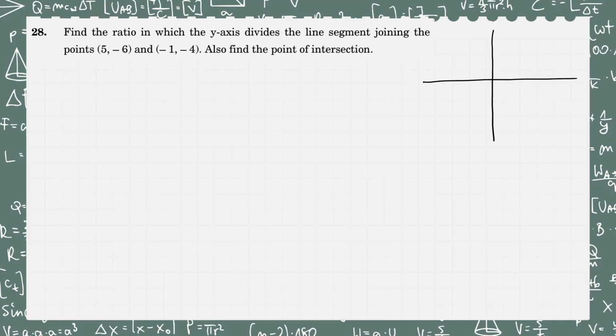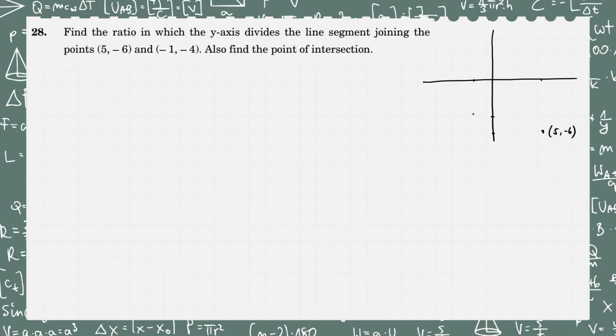5 comma minus 6 is a point in the fourth quadrant, right? So 5 will be here, minus 6 will be here. So this is our 5 comma minus 6. Minus 1 minus 4 is a point in the third quadrant. So minus 4 will be here, minus 1 will be here.